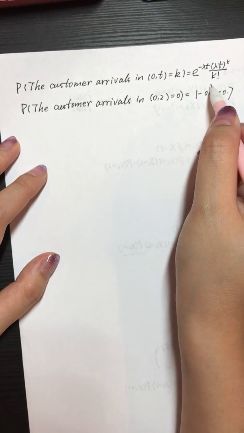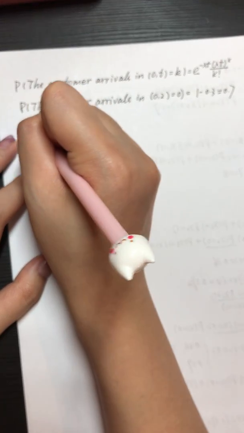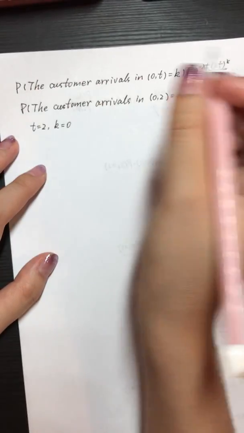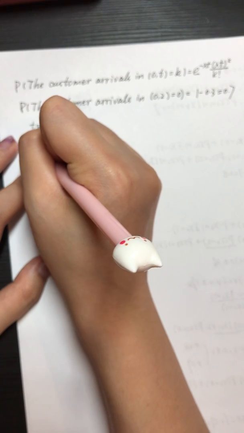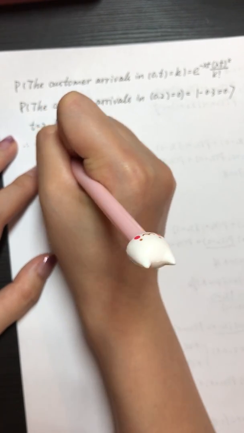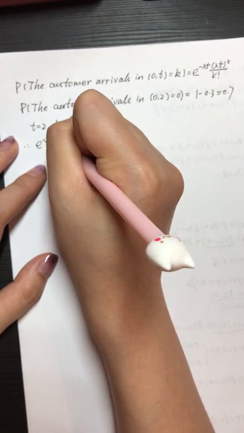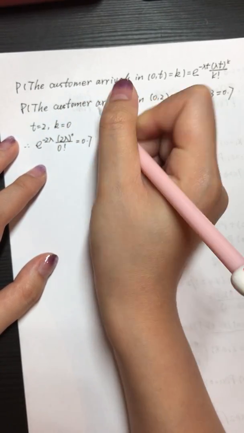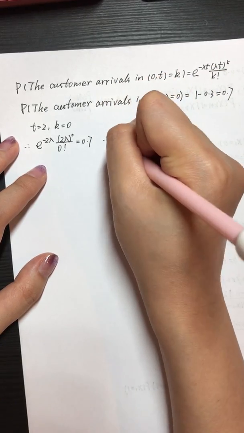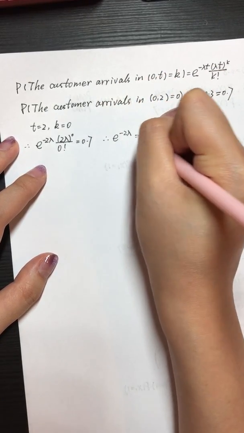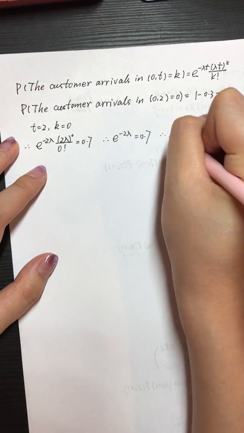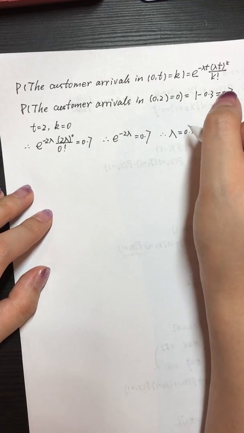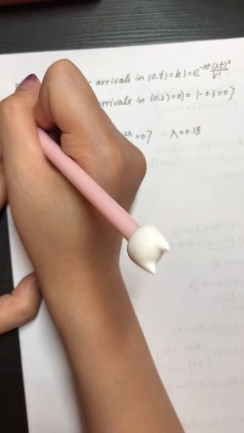So if we use this formula, and in this case t equals 2, k equals 0, if we solve this equation, we can get lambda equals 0.18, and this is problem 1.